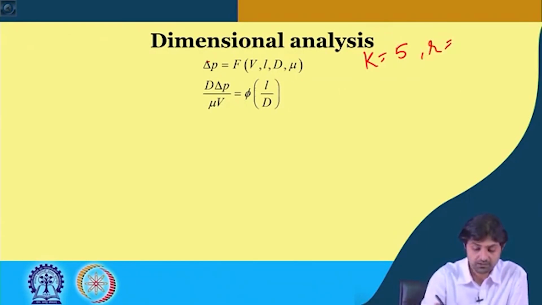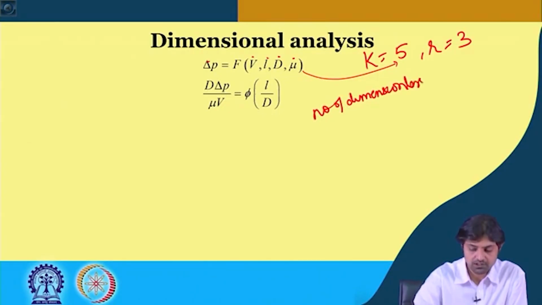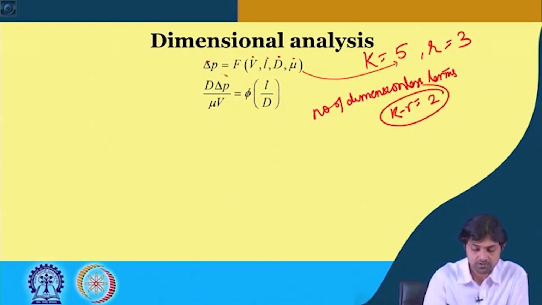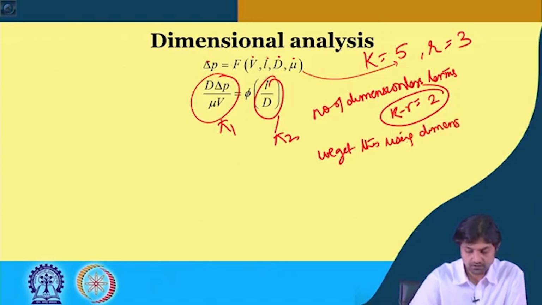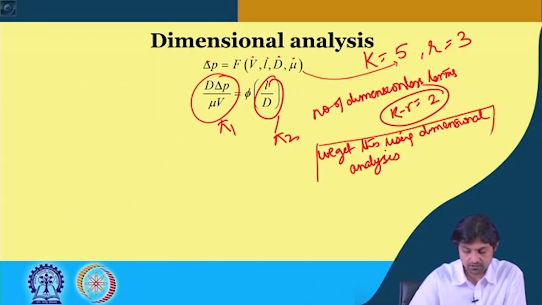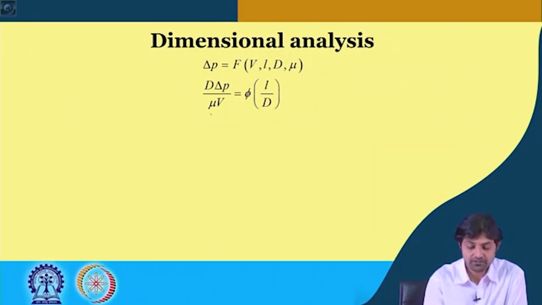So 1 2 3 4 5, K is 5 and R is 3, right? Therefore the number of dimensionless terms will be K minus R, that is 2 dimensionless terms, pi 1 and pi 2. We get this using dimensional analysis.